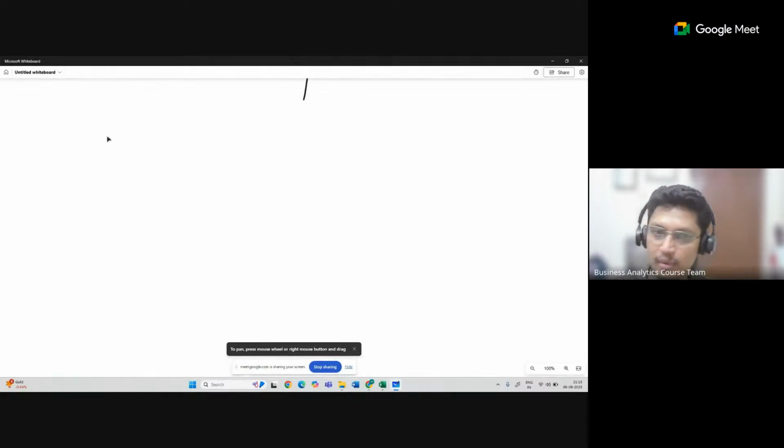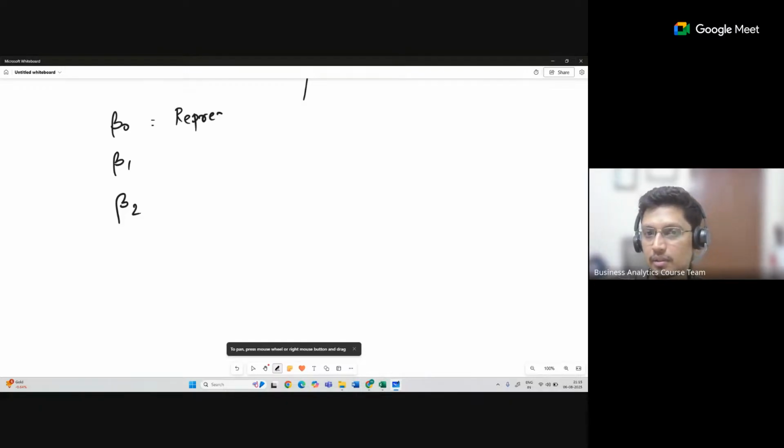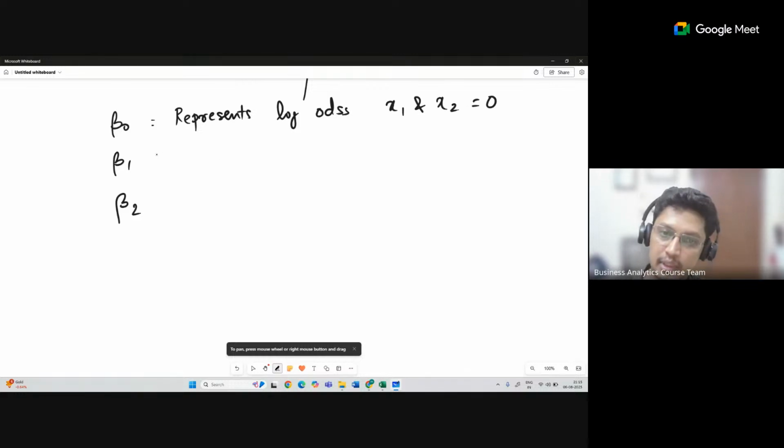So we do model building and then we compute a few things. What are those? Beta naught, beta 1, and beta 2. Assume you were building a logistic regression model. You got beta 1, beta 2, beta naught. Beta naught represents log odds, the baseline when your x1 and x2 are equal to 0. Similarly, beta 1 also represents log of odds.